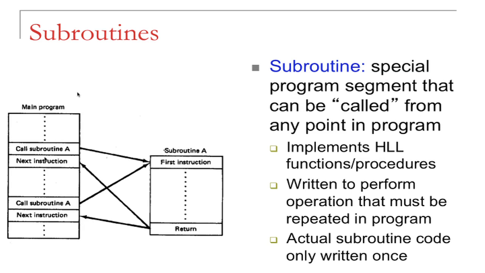From the main program, you can let the microprocessor go to the subroutine to execute the instructions in the subroutine. The way you do that is by using an instruction called call. You're going to supply it with the symbol or the entry point of the subroutine A.